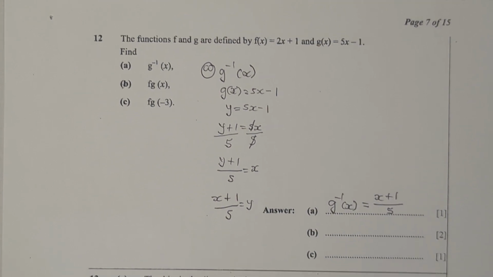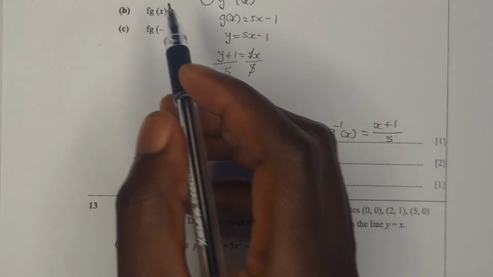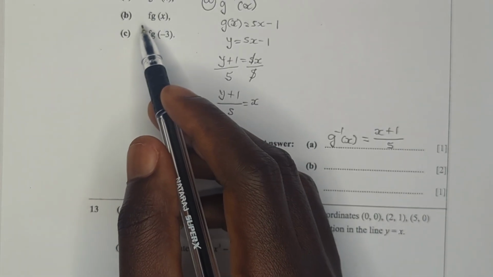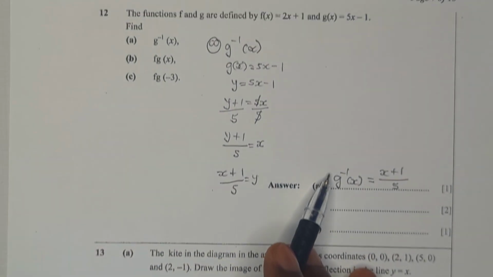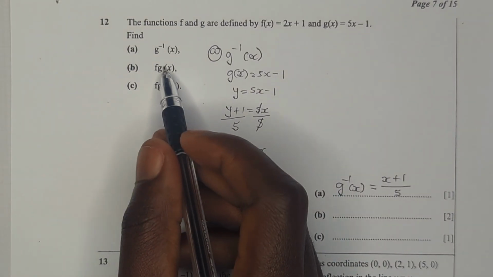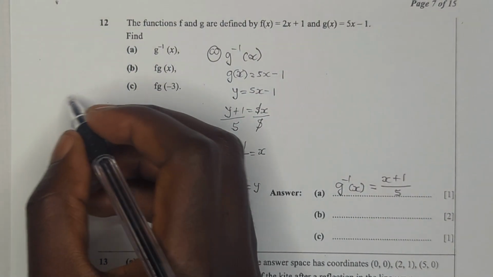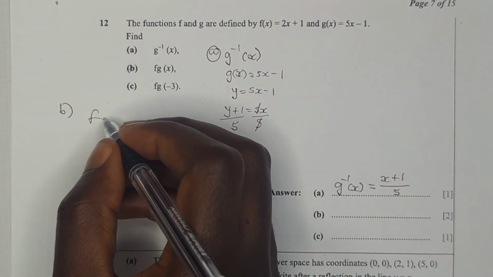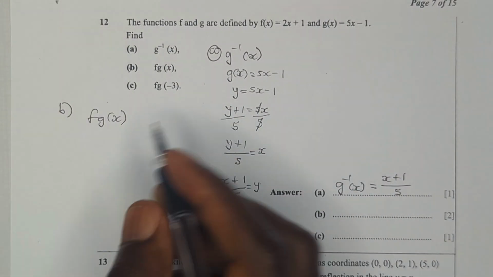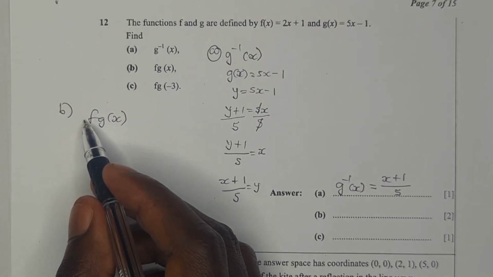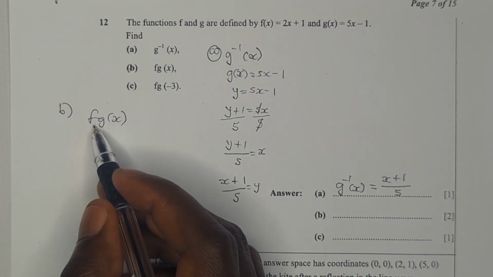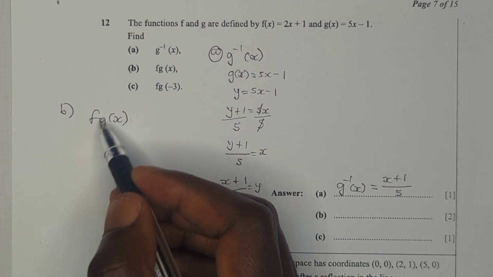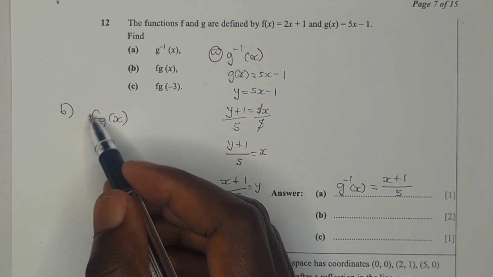The next question is fg of x. Now fg of x, these are composite functions. So for number B, if we are finding fg of x, this means that we have to start with the function f. The letter that starts is the equation we get first.